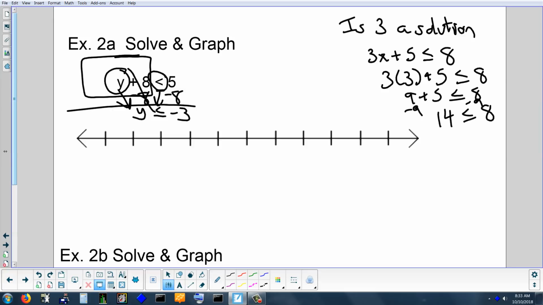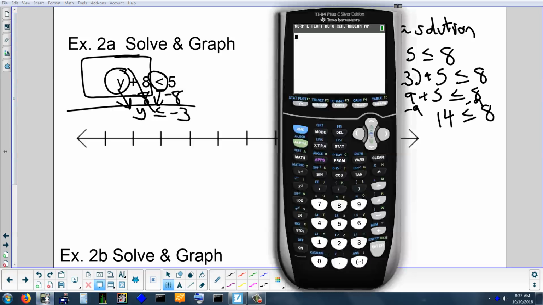All right? You never want to do, let's see if I do 5 negative 8. It'll probably give me an error. See, error syntax.